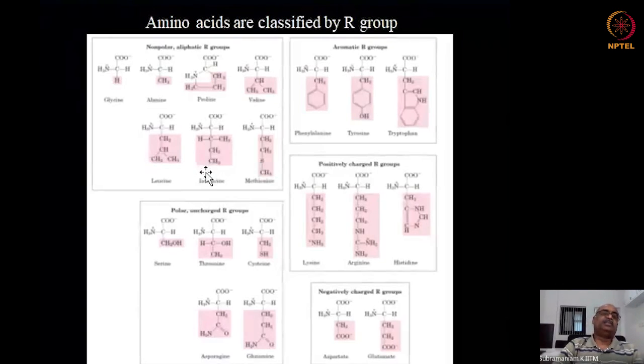So this slide shows you the different kinds of amino acids that are present. I told you when we were discussing proteins initially that proteins are made up of 20 different amino acids. So this table lists all the 20.